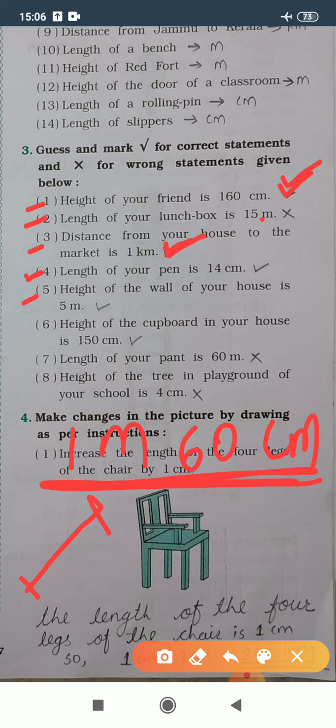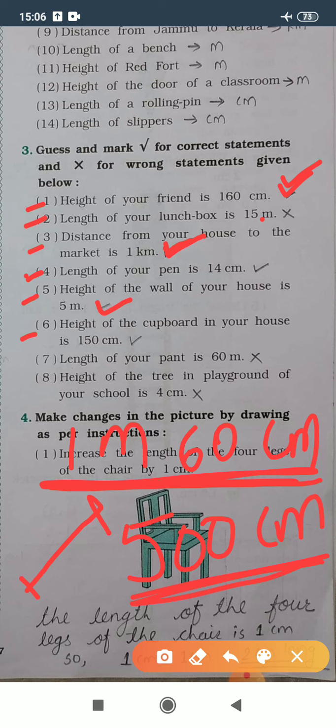Number 5, height of the wall of your house is 5 meter. That means 500 centimeter. Yes, it can be. So put a tick after this statement. Number 6, height of the cupboard in your house is 150 centimeter. That means 1 meter 50 centimeter.